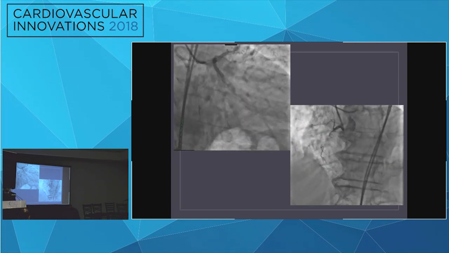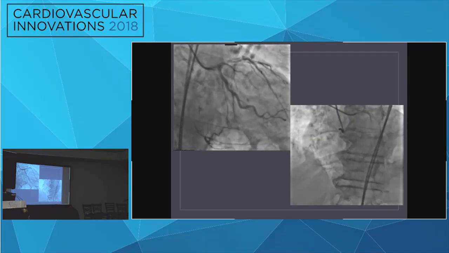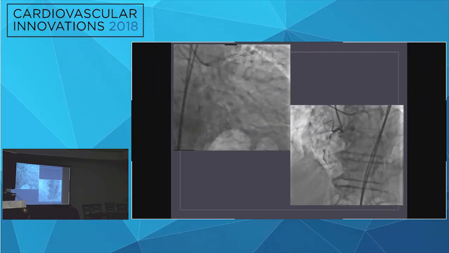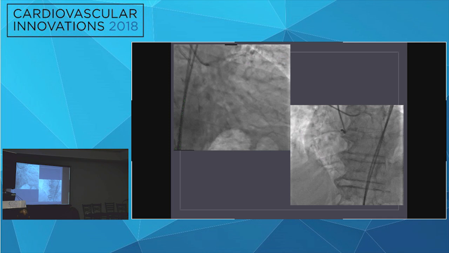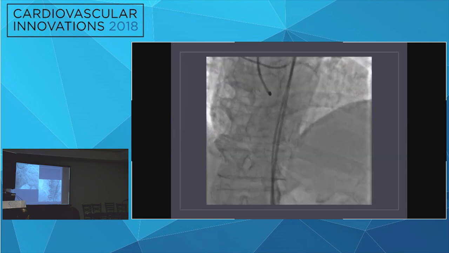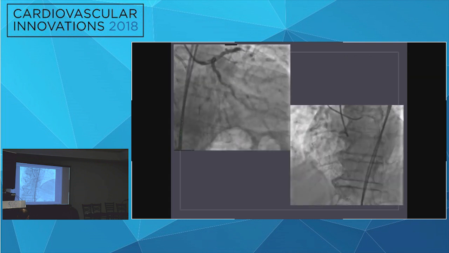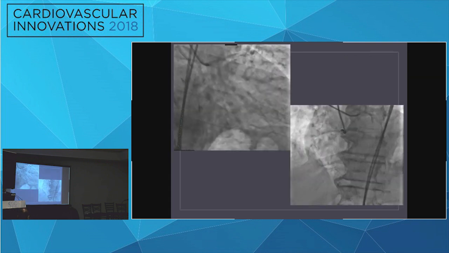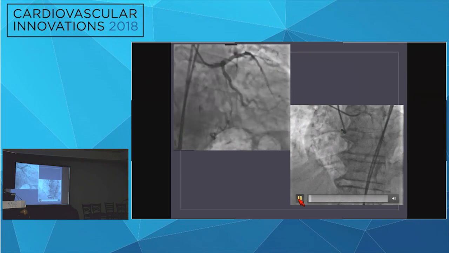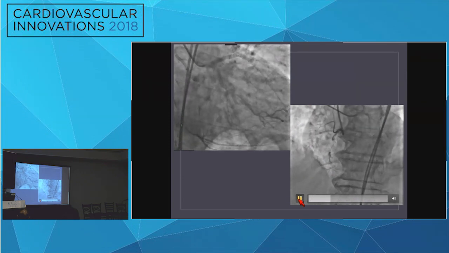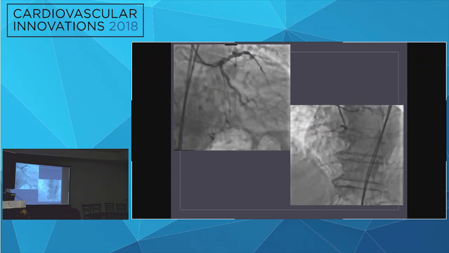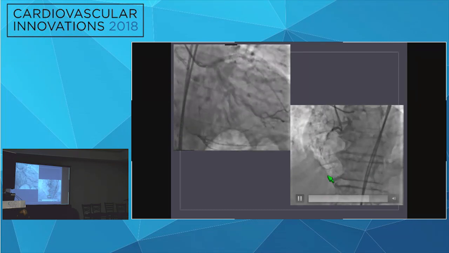This is his anatomy. On the right side, you see an ambiguous plaque in the mid-RCA, and then it reconstitutes. Let me just play again. At the middle segment where there is AV groove, an acute marginal artery, then there is another CTO distally.